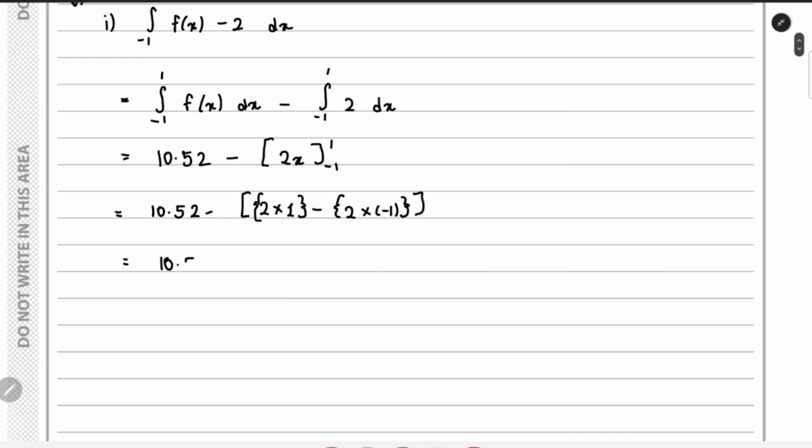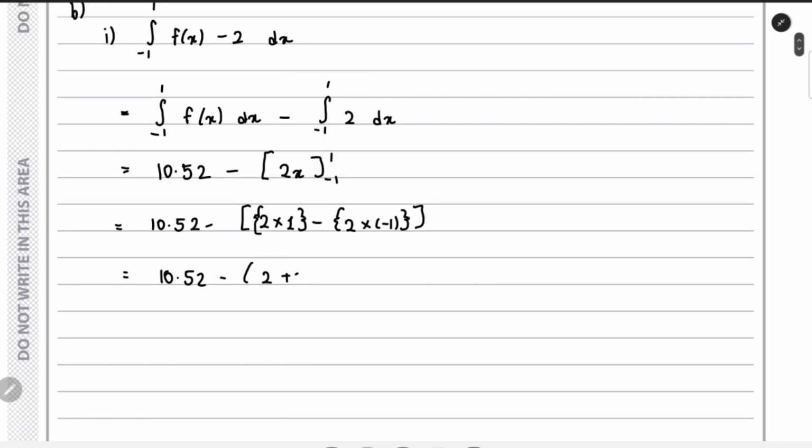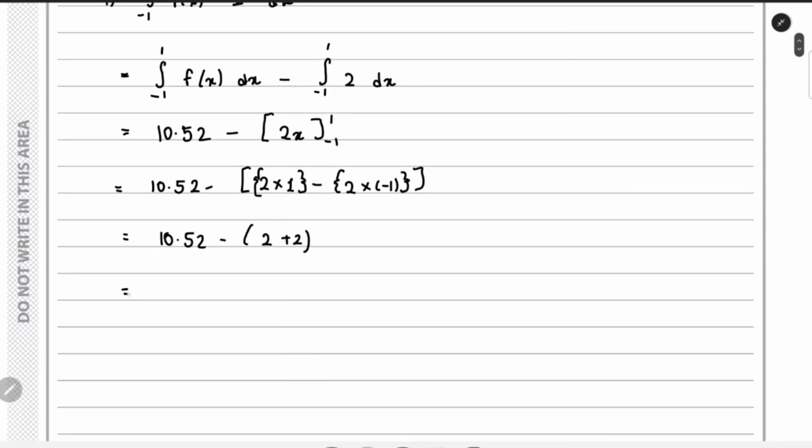So 10.52 minus 2 minus minus 2, so 2 plus 2. We'll have 10.52 minus 4, which is 6.52.